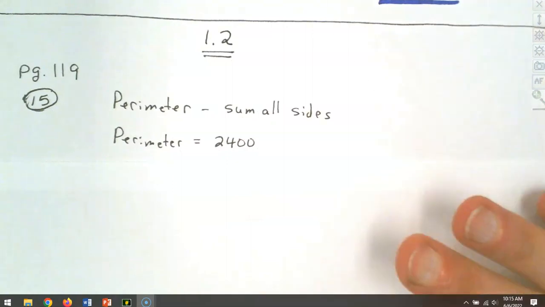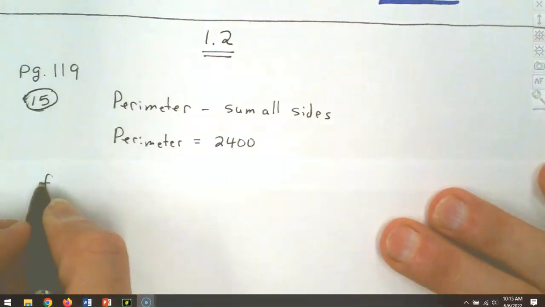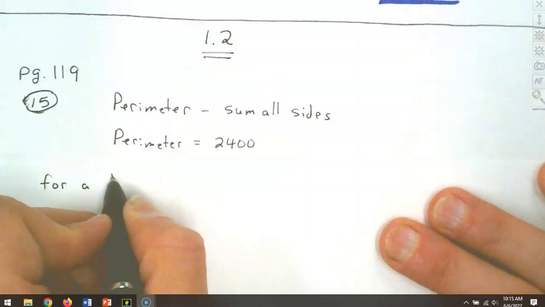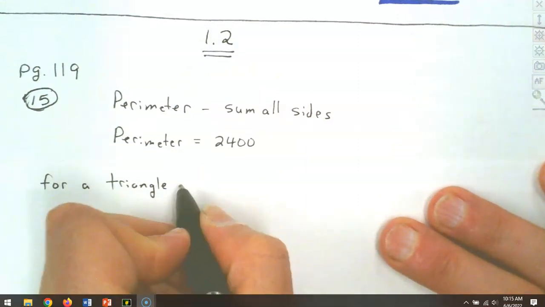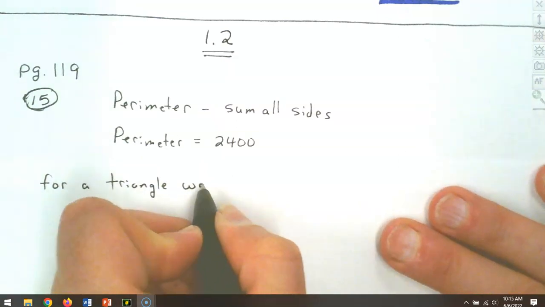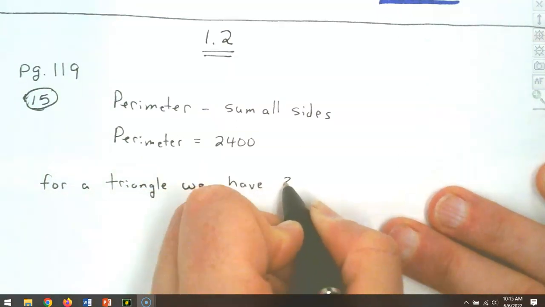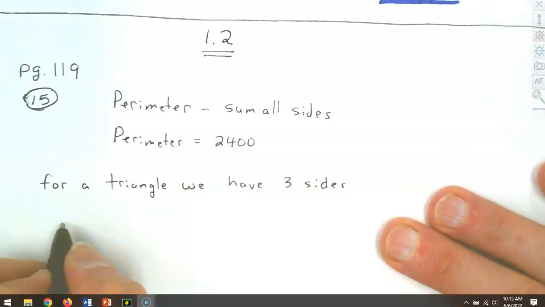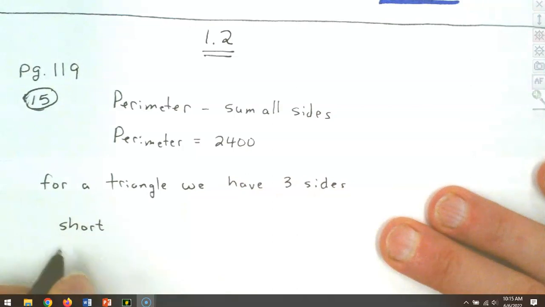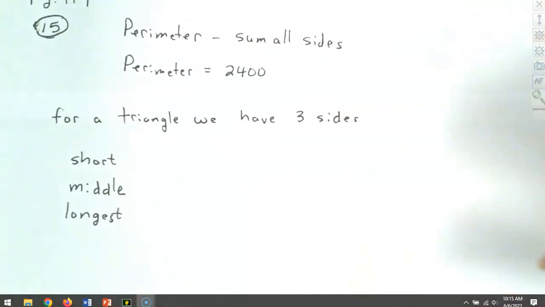So for a triangle, we have a short side, a middle side, and the longest side.